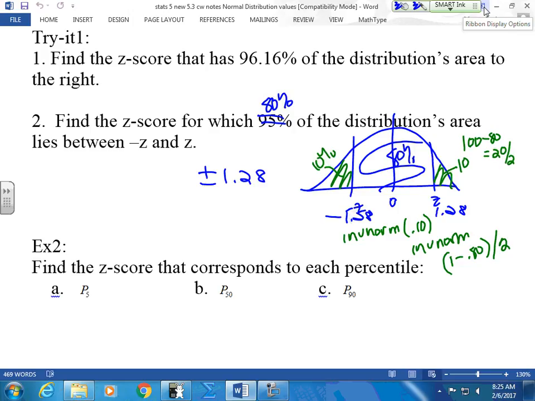Another way to check this is take the negative 1.28, find the area, take the positive 1.28, find the area, and subtract your areas. That'll be about 80%. We have a little rounding going on, so it's never usually exact unless it came out to a terminating decimal. But your calculator is real good about finding those things. Good? I'm having you think in reverse. I'm having you think backwards.